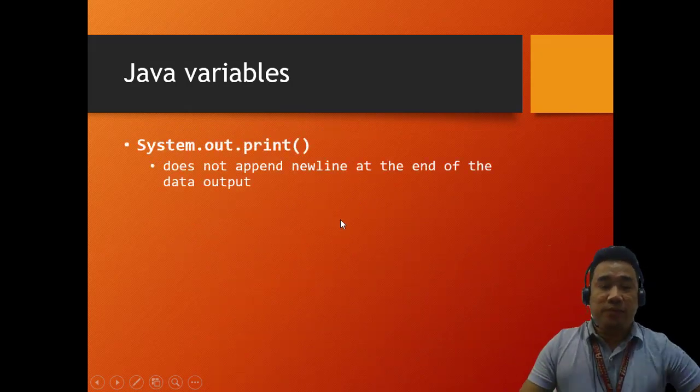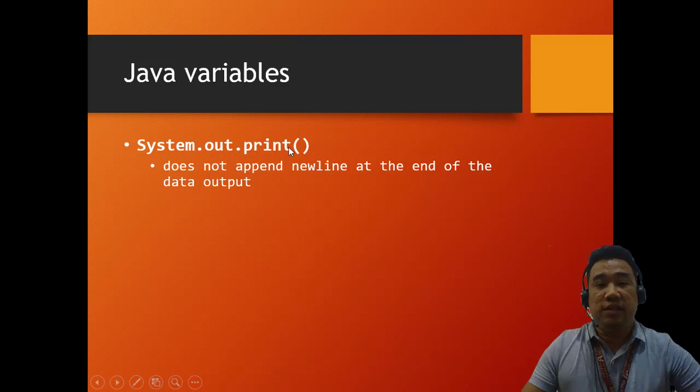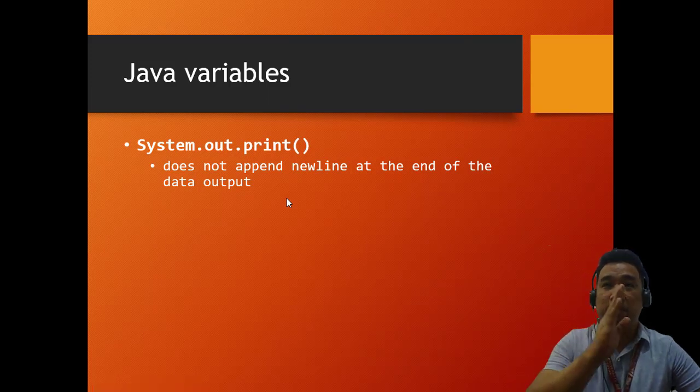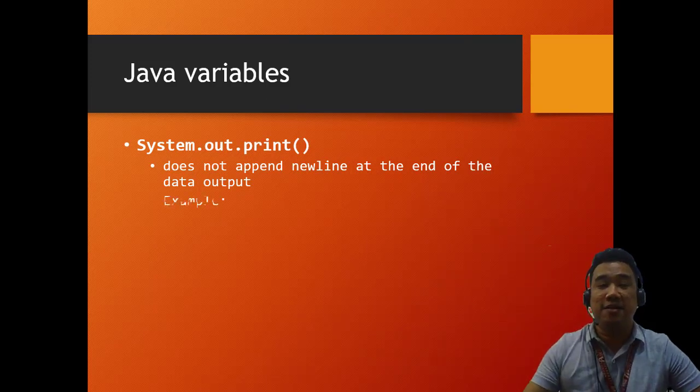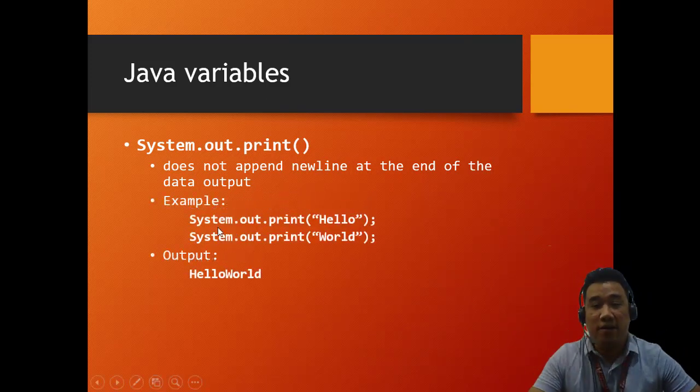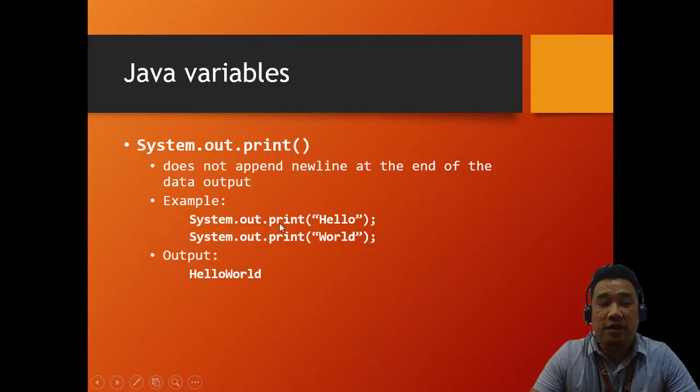Now, so i-differentiate lang naton yung ang print kag ang print line. No? So, ano ni siya ang System.out.print alone? Does not append new line at the end of the data output. Meaning, pag print, ang last niya cursor is ara mismo sa last letter sa output. So example, System.out.print hello, and then we have another line System.out.print world.